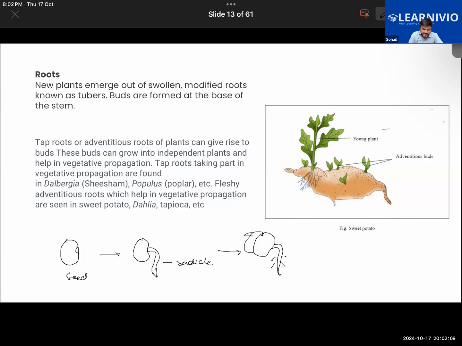It splits into two like this, and several days later, we will see that a new tiny plant grows out of it. So just as the seed germinates here, in a similar manner this will also be germinating here. Initially, it will look like this.